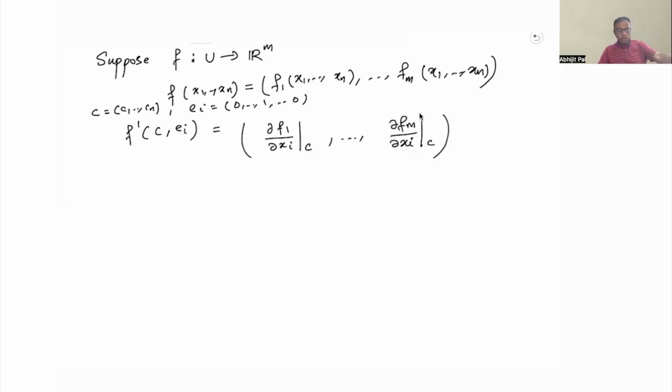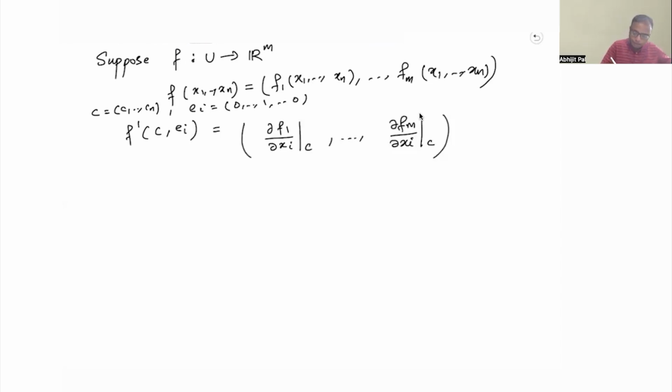Okay. So now we have defined directional derivatives. Now suppose all the directional derivatives exist. Whether the function is continuous or not? In real analysis, we have learned that if a function is differentiable, then it is continuous.